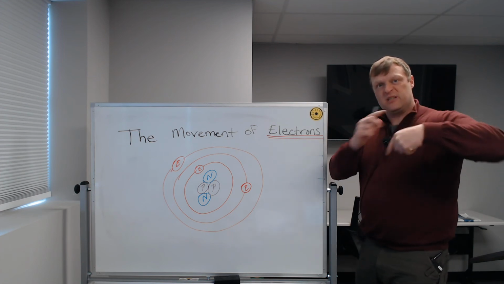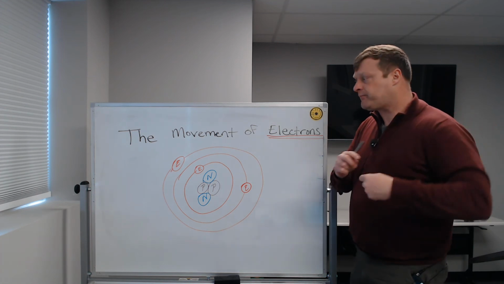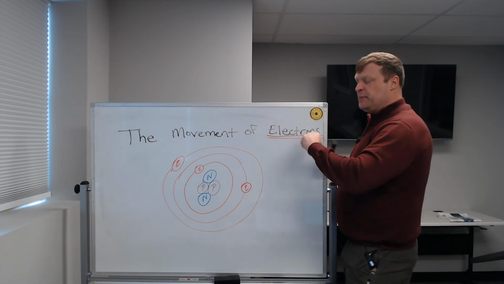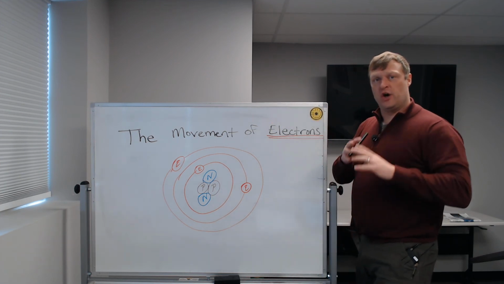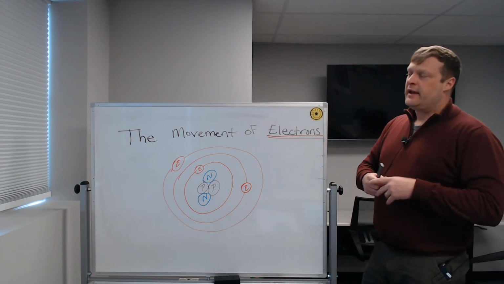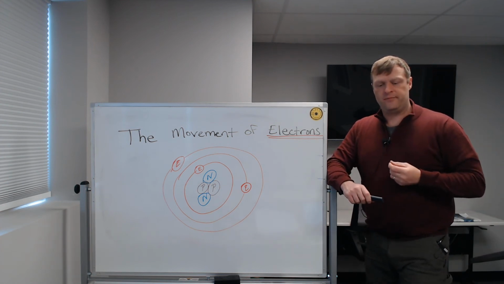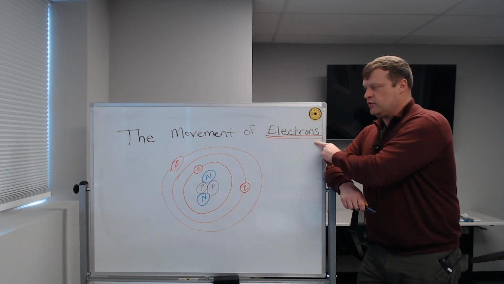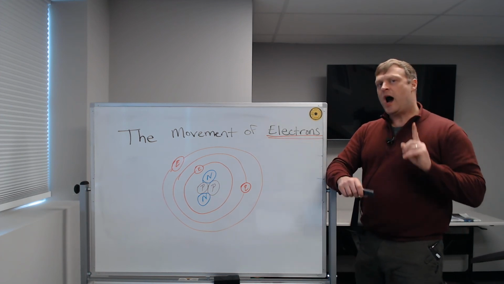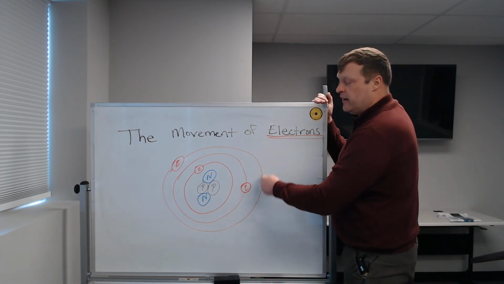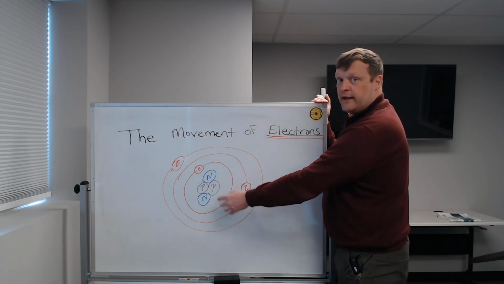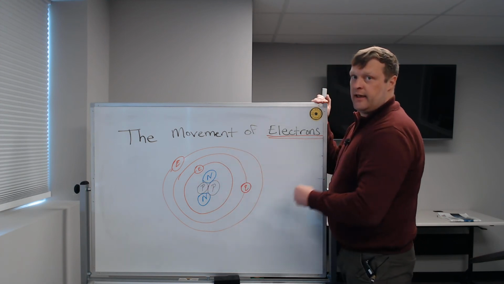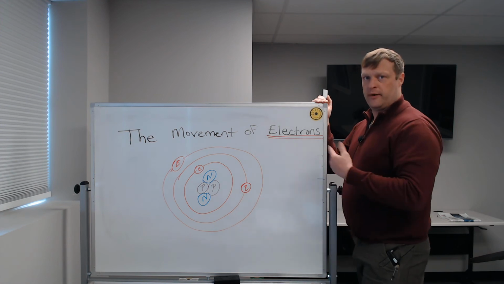These things are spinning very, very fast, and they're spinning in different directions, so much so that they create a shell. Now, first of all, let's make sure we understand that when we say that electricity is the movement of electrons, we're not saying the movement of an electron around its orbit. That would just be orbital movement.